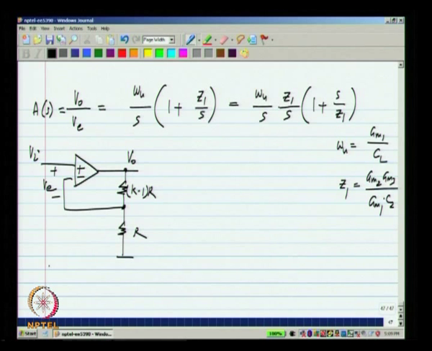Now, I will not evaluate V naught by Vi again, we have done it many times. It will simply be k by 1 plus k by A. Okay. I said a unity gain amplifier, here I am making an amplifier of gain k, not unity gain.